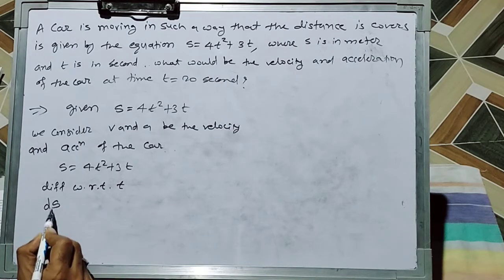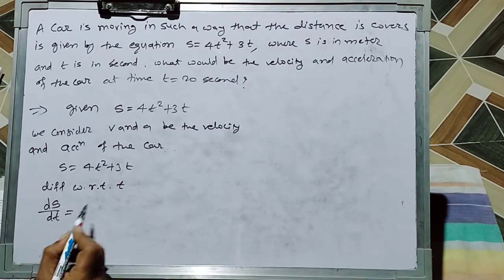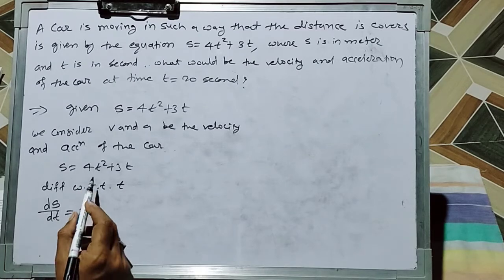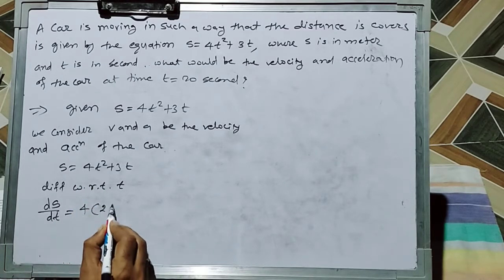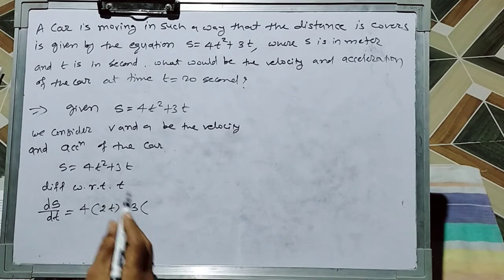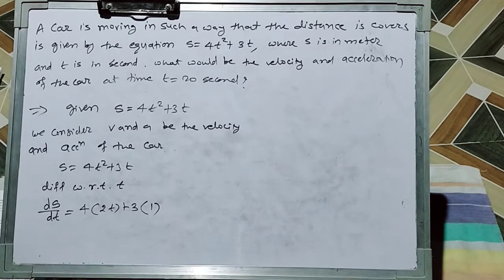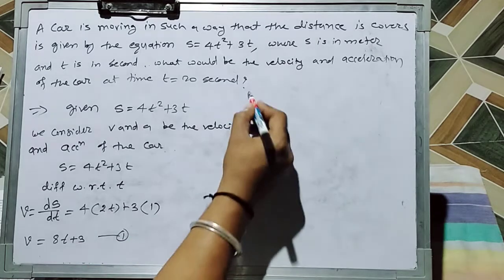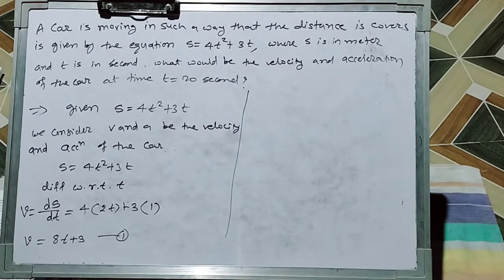So derivative of s, ds by dt, equals 4 into derivative of t square, which is 2t, plus 3 into derivative of t, which is 1. So therefore here ds by dt is velocity. So velocity equals 8t plus 3, call this as 1. To find acceleration we have to differentiate the velocity with respect to time, or we have to take the second derivative of s.